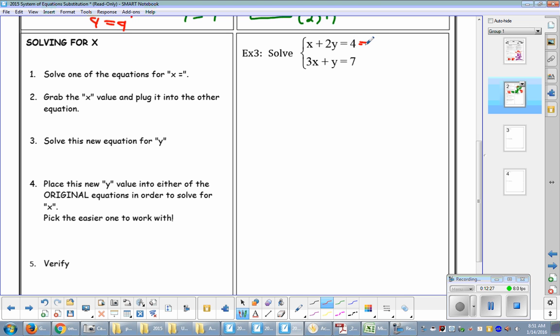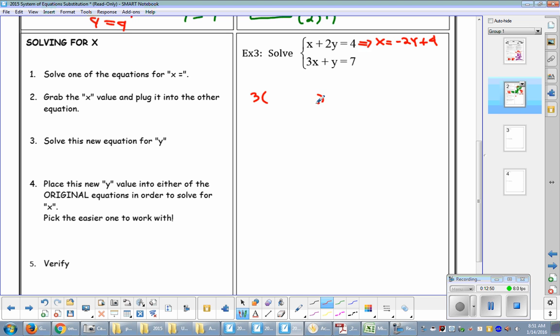So if you solve x here, what's going to happen? x equals negative 2y plus 4. After getting the x value, what's our next step here? We replace the x value in the other equation. So the other equation is the second equation.